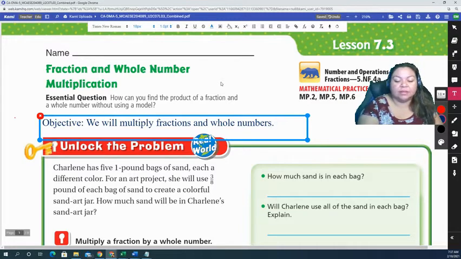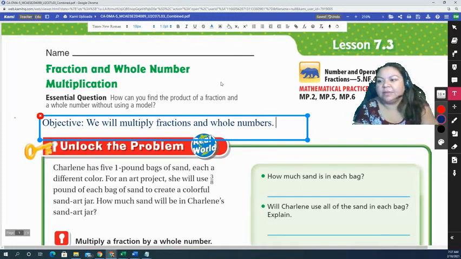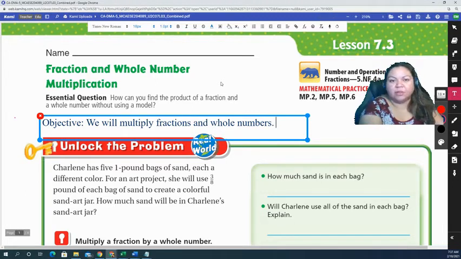So basically, we will now be multiplying without the models. Actually, we're going to have a little bit of both. We will be able to see it in the model, and we will be able to see it without using the model. Okay, let's go ahead and get started with unlock the problem.